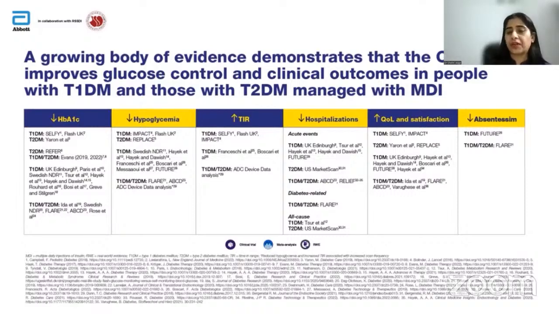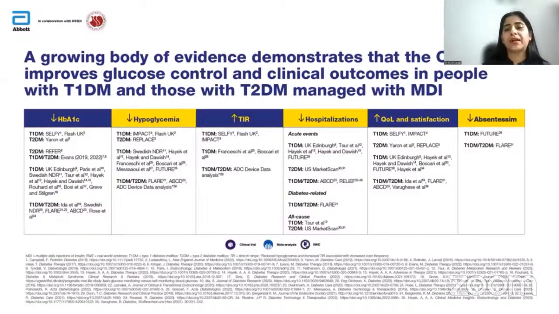We have a number of trials when it comes to improvement in quality of life and satisfaction. You have the SELFIE study, the IMPACT study in type 1 patients, FLASH UK, you have REPLACE, you have all these different studies in type 1s as well as type 2 diabetes, showing you how when CGM improves glycemic control, not only are all these parameters improving, but the overall satisfaction rates and the quality of life of our patients improves.